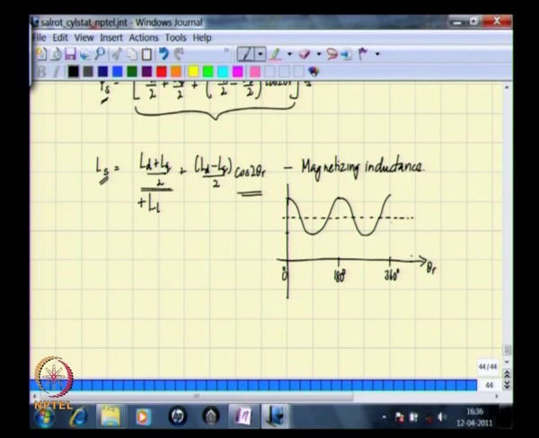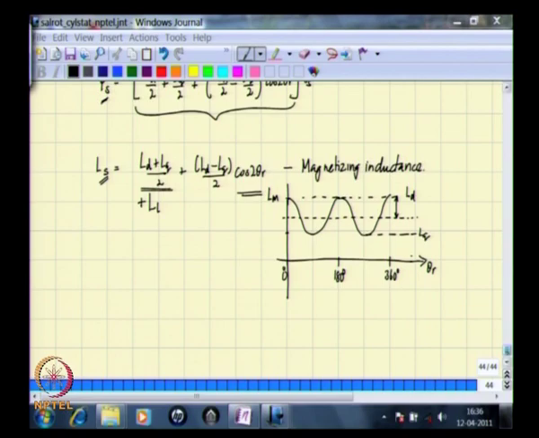If we neglect the leakage inductance, if we are plotting only the magnetizing inductance part, then this level would denote LD, this would denote LQ, then the mean is given by LD plus LQ by 2, and this amplitude is given by LD minus LQ divided by 2. So, this would be the form of the expression.